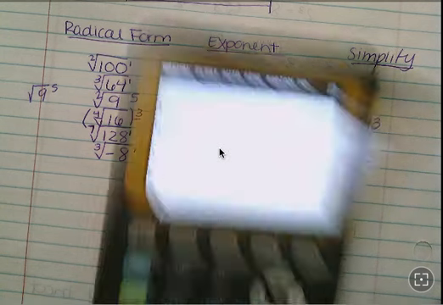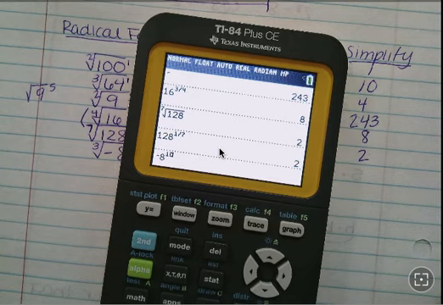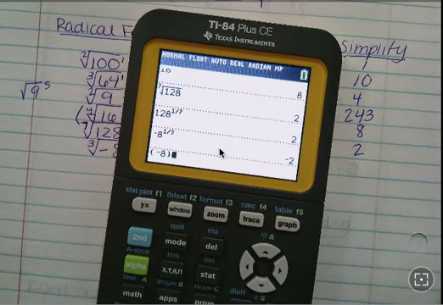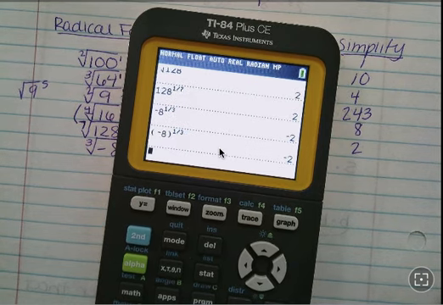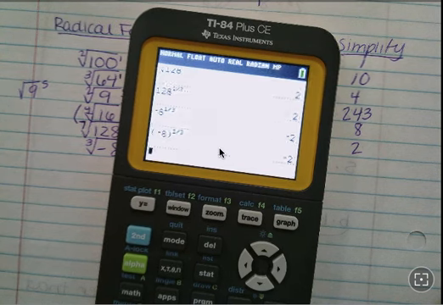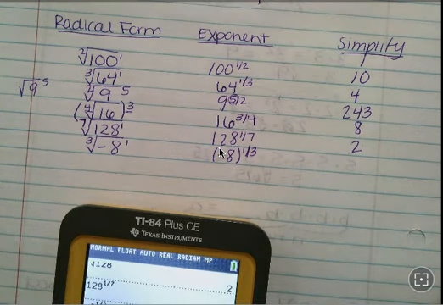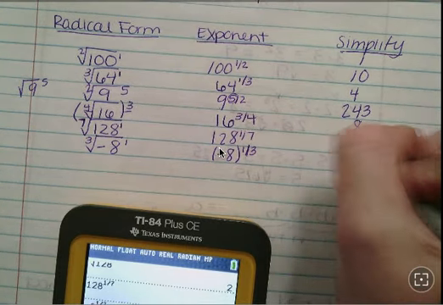Because watch, if we do -8 to the 1/3, that gives us a different answer than (-8) to the 1/3. Oh, no, it doesn't. Just kidding, it doesn't actually matter. There's a case when it does matter, but I don't think we're going to run into it in Algebra 1. If it does pop up, I'll show you. Anyway, we know that this is -2.